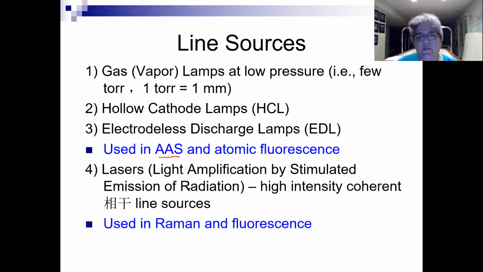And these can also be used for Raman and fluorescence. Okay, so those are the sources. Two kinds, continuum and line. Continuum is used for molecules. Line is used for atoms, mostly. That's what you need to know about the sources.